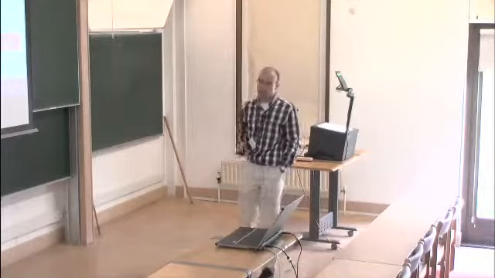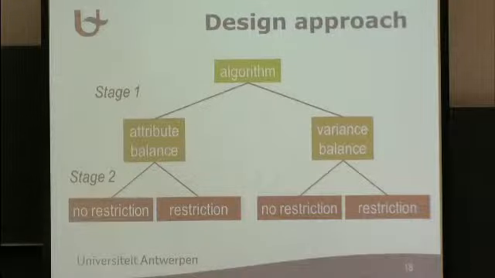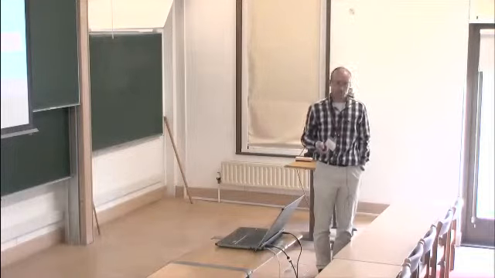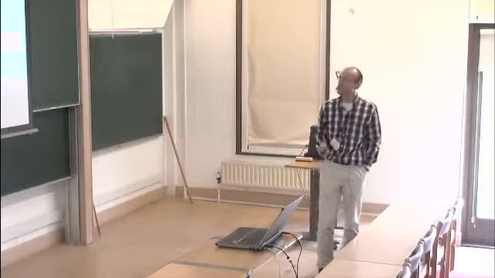And then in stage 2, where we have to decide on the levels of the non-constant attributes, we have a coordinate exchange algorithm that may or may not have a restriction. And I will also explain in a minute what this restriction involves. So in total we have 2 by 2, that is 4, different design approaches to try to find good designs with partial profiles.